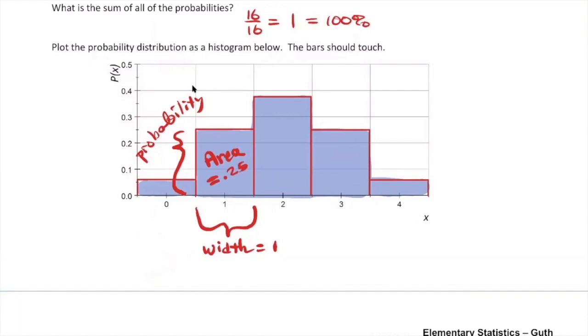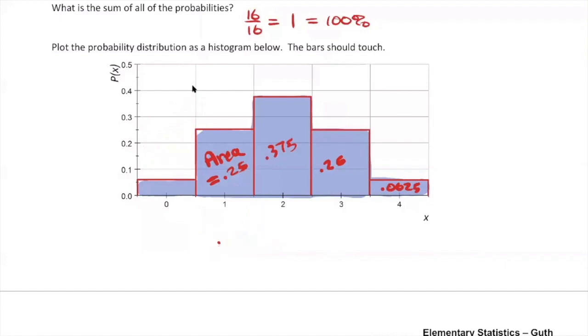The next bar has an area of 0.375. The next one's 0.25. The last one's 0.0625. That's the base times the height, and the height is the probability. The first bar is also 0.0625.